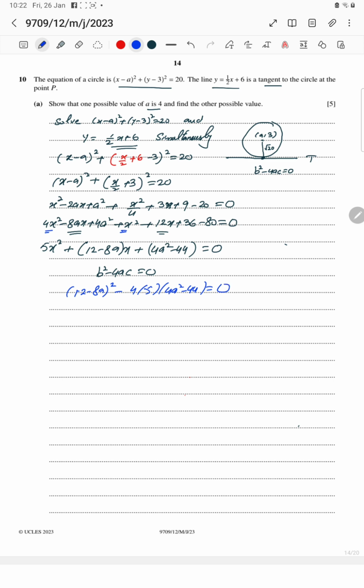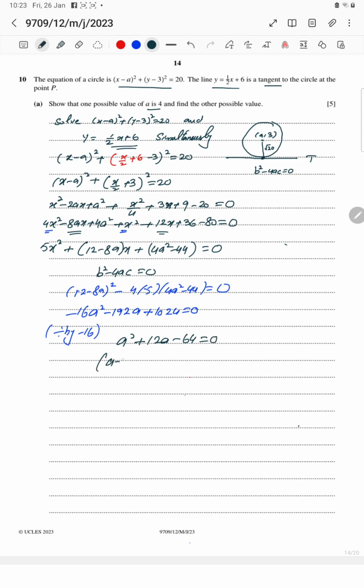Further simplification will give us a quadratic equation. I'm solving it. You can simplify it to get minus 16a square minus 192a plus 1024 equal to 0. So divide by minus 16. To simplify, we get a square plus 12a minus 64 equal to 0.